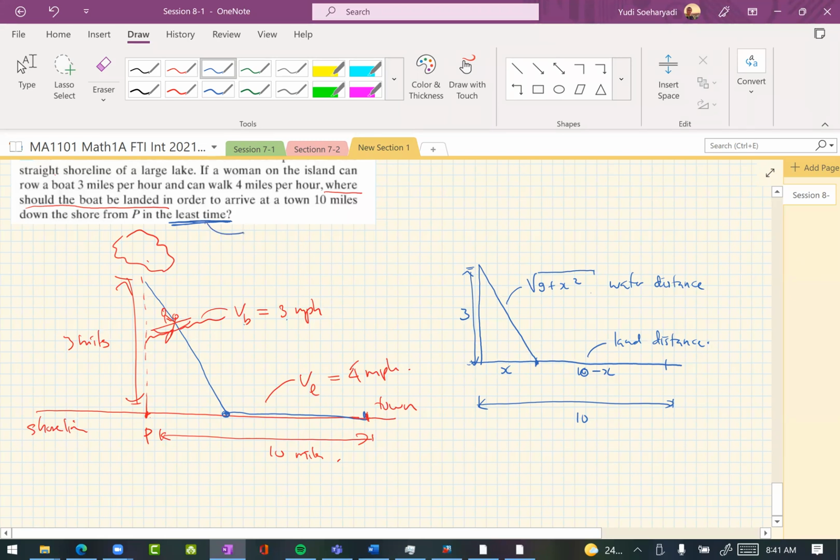So this is the total time, the min of total time.